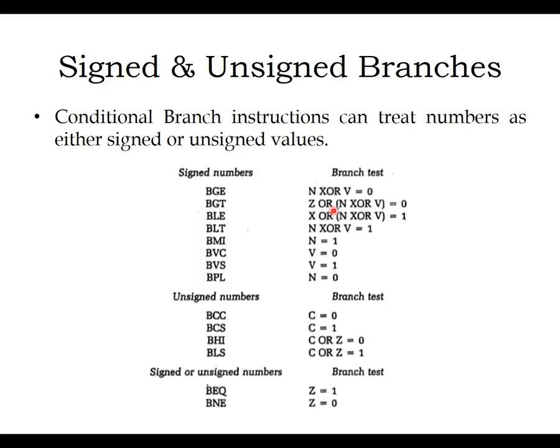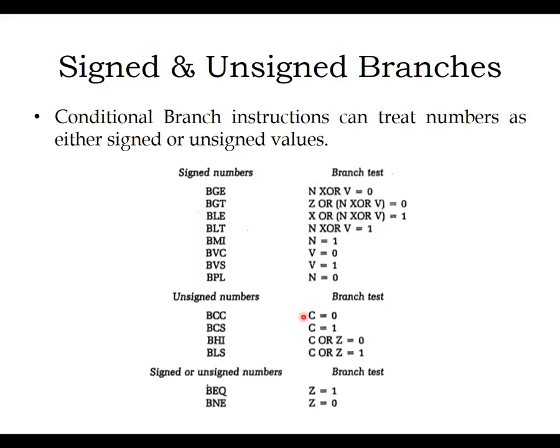Because in hex, we know that everything starting with 8 or higher is negative, right? How can I tell? Because starting from 8, the binary starts with 1. Think about the 8: it's 1, 0, 0, 0, so it starts with the 1 in the 4th digit. So if your branch testing condition has the N flag or V flag, those are designed to work with signed numbers.